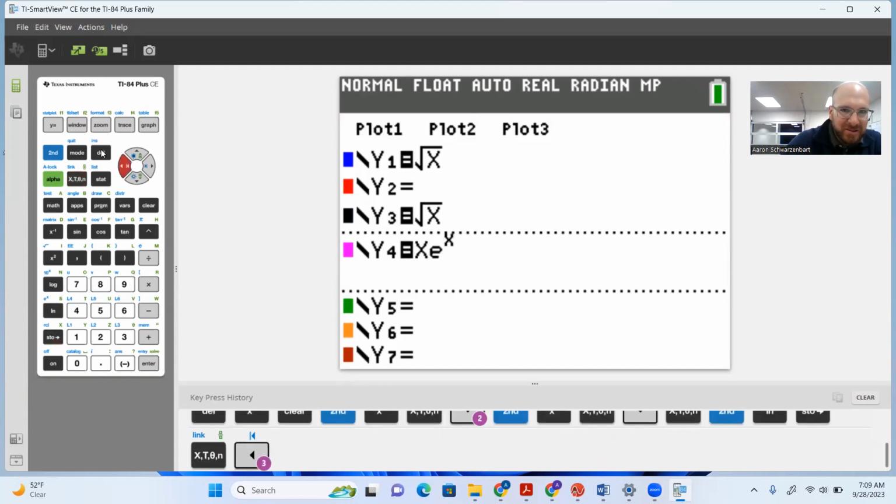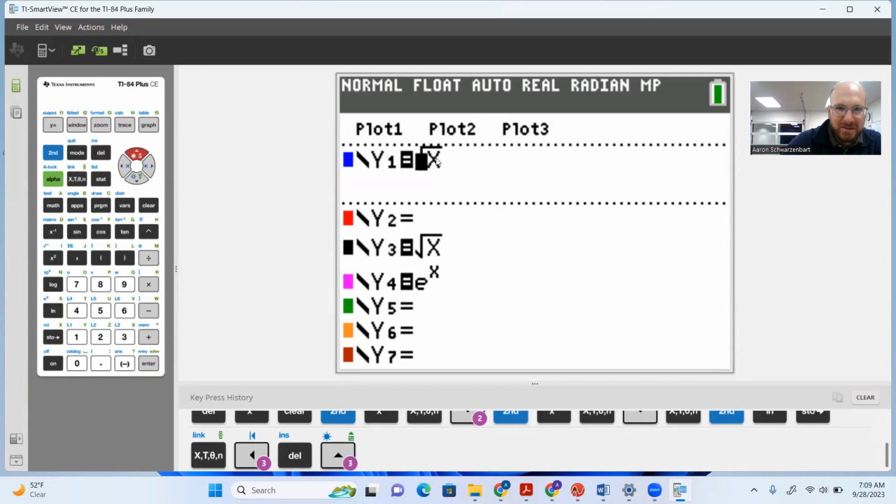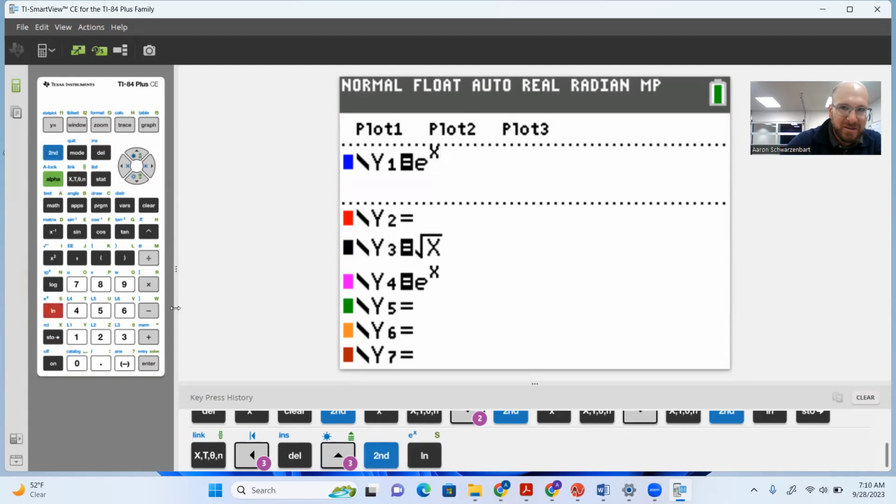If I want to delete just a single one, there's this delete button, a little over from second. And that can work for me. Come up here. This is e to the square root of x, was the blue one in the book. And the calculator kind of default types over itself.